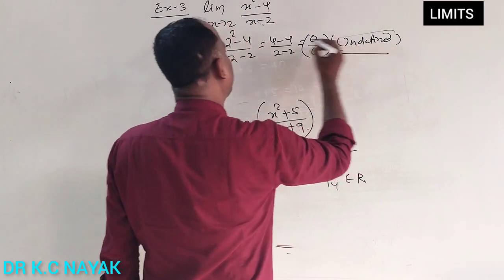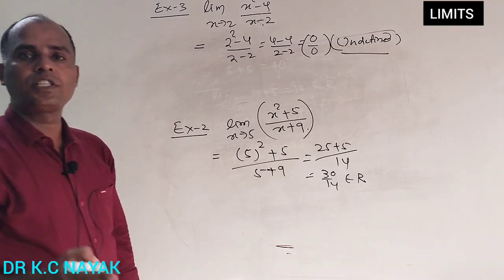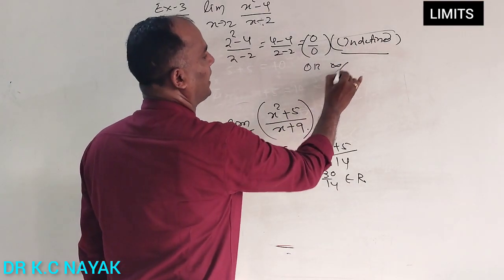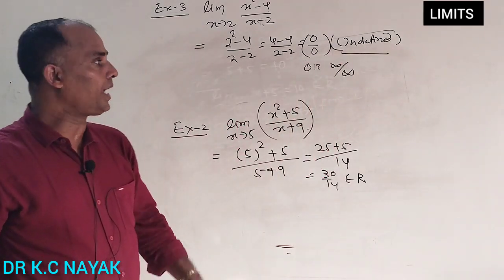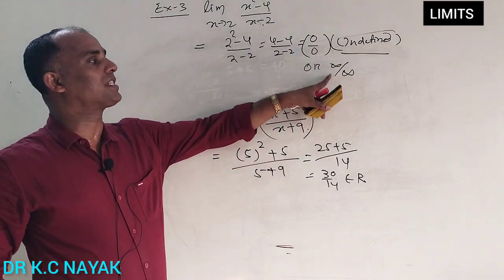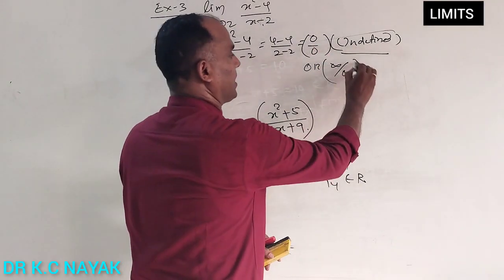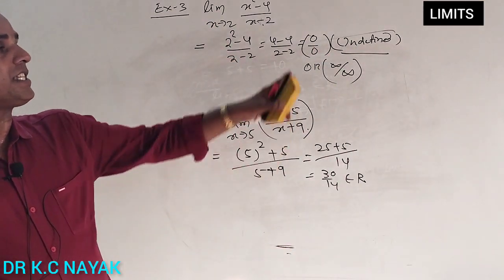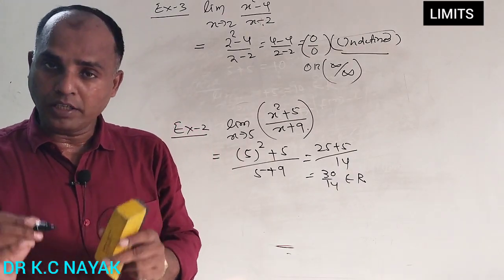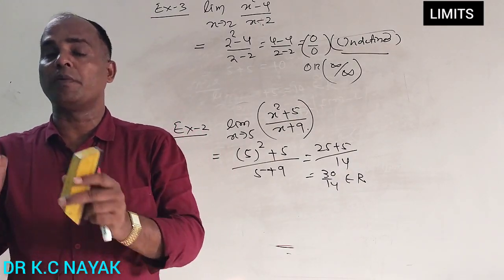If we are getting this type of value, 0 by 0 or infinity by infinity, when we put the approaching value, this type of result is an undefined concept. Because if it is undefined, that is not a real number. I already told you, limit is a real valued function.